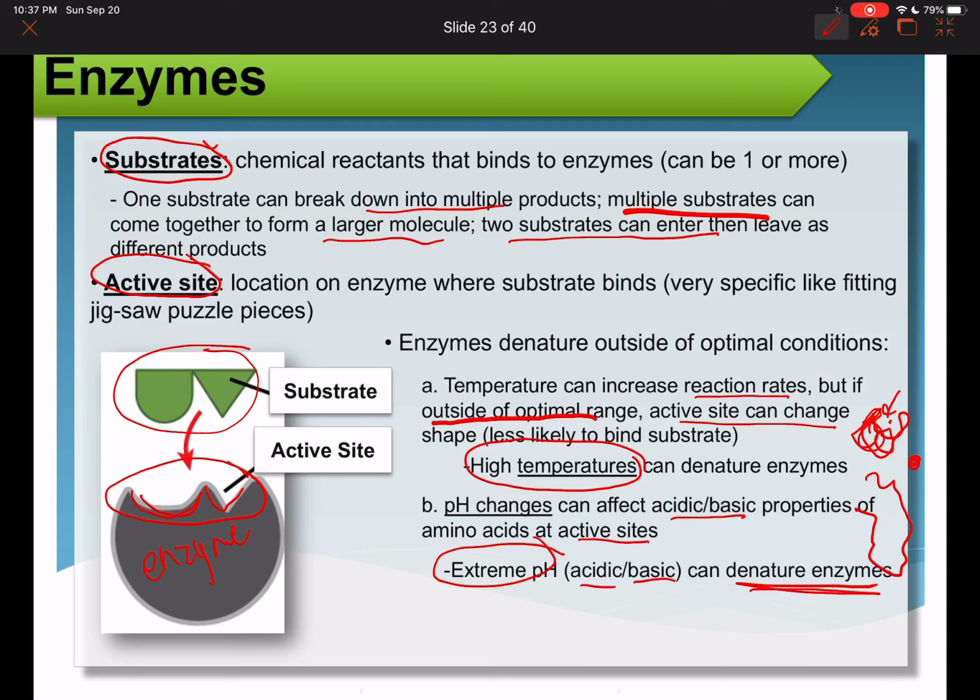Again, going from a very nice 3D globular shape for that particular enzyme to bind, it can fall apart completely into a little string where that substrate can no longer bind. Okay, so whether it be temperature or pH, both of those outside of the optimal range of that particular enzyme can lead to denaturation, leading to a non-functional enzyme.